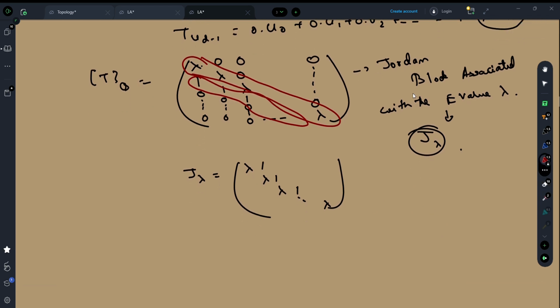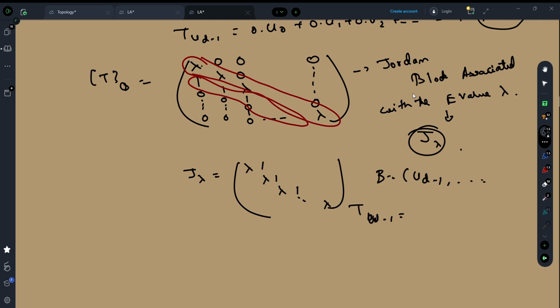Suppose we start the basis B with the element u_{d-1}. I'm arranging them accordingly. Then what is T u_{d-1}?